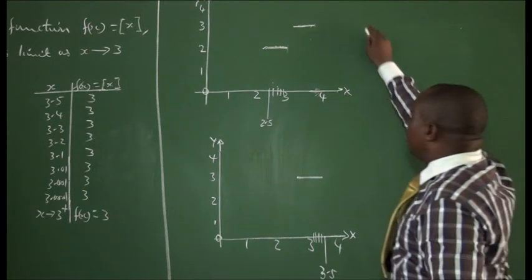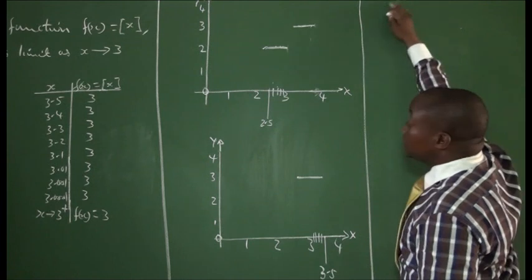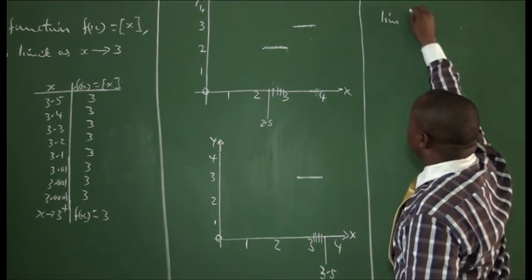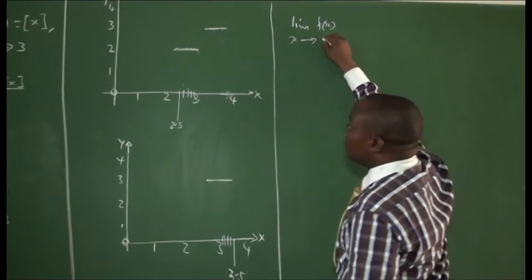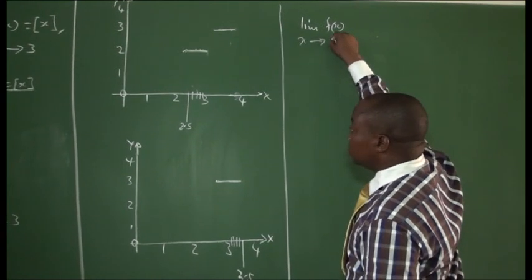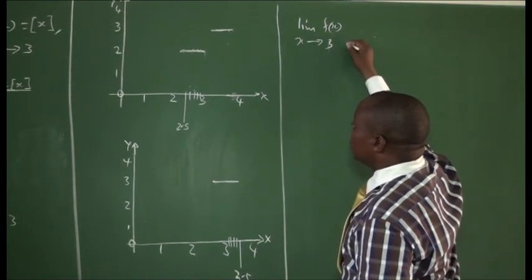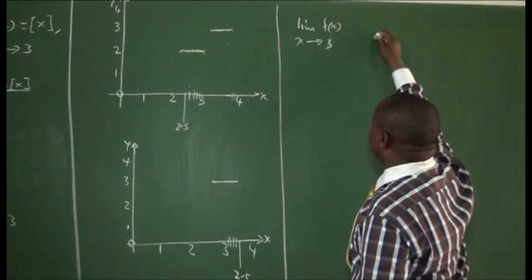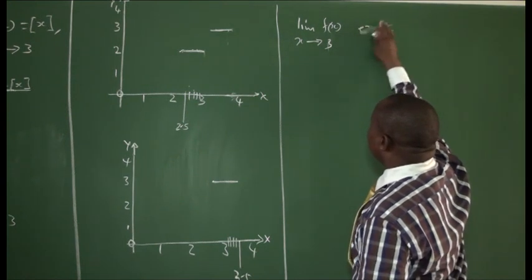Then I now want to list the properties of what I have seen. I have seen that the limit of f of x as x approaches 3 does not exist.